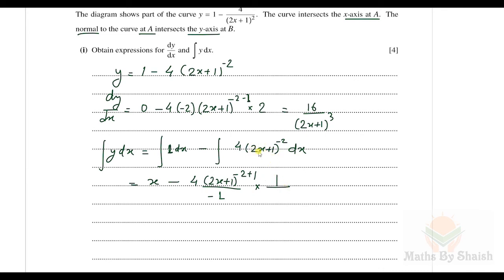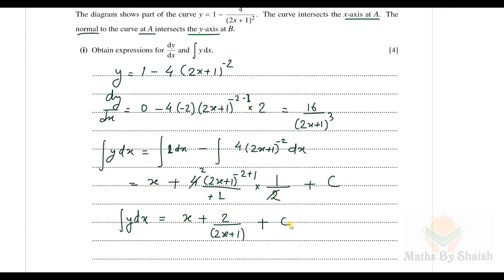So minus minus will become plus, and 2 times this. So the integration of y with respect to x, dx, is x plus 2 times, and this is minus 1, so it will go to the denominator, it will become 2x plus 1 solely, and plus a constant of integration. So that's the value of the integral of y dx. We don't have to find the constant of integration.